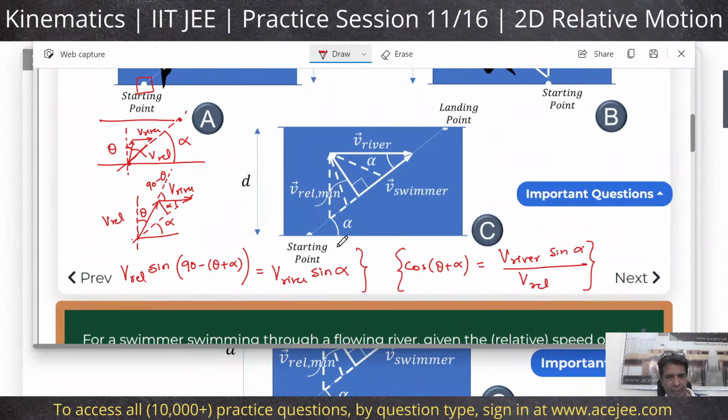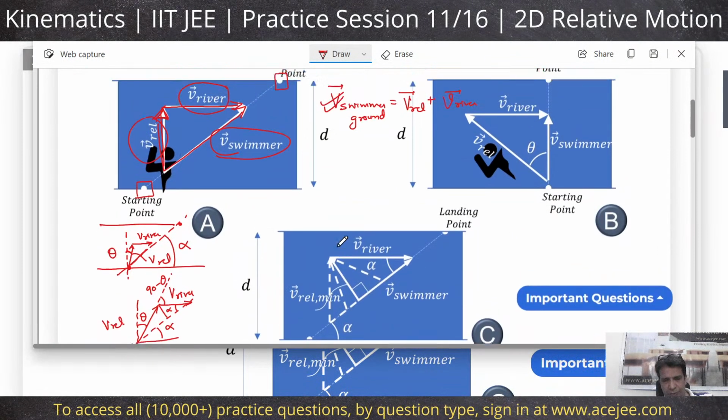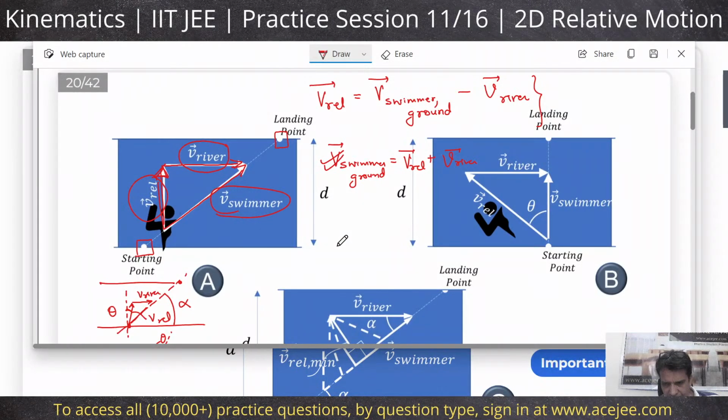Okay, let's look at the second scenario. In the second scenario, you might be given that the landing point is directly opposite to the starting point.